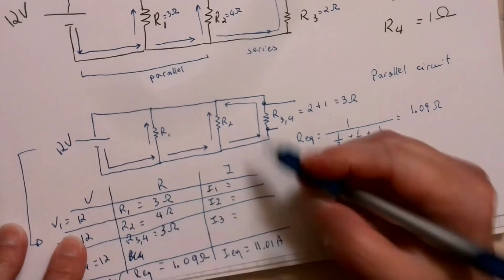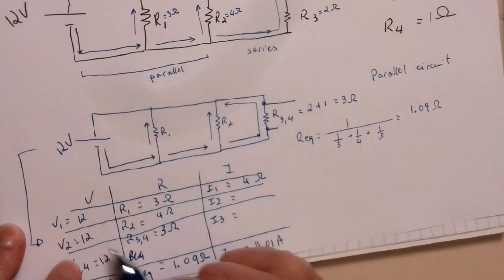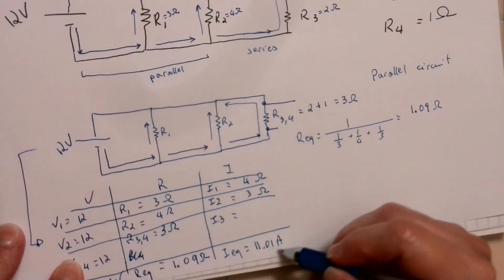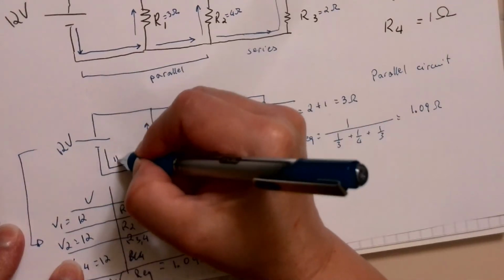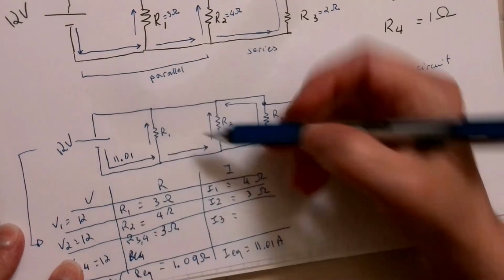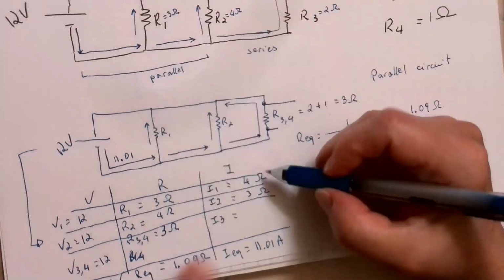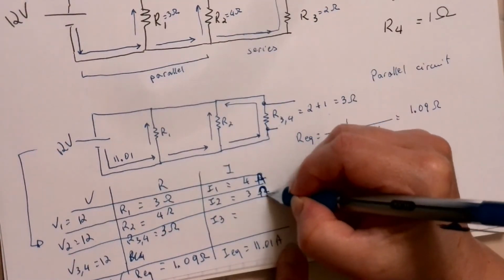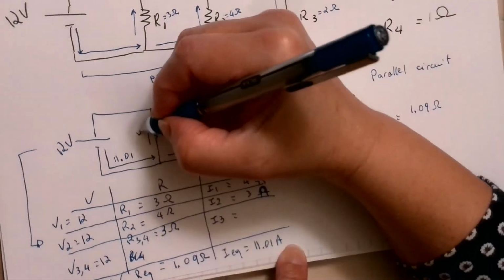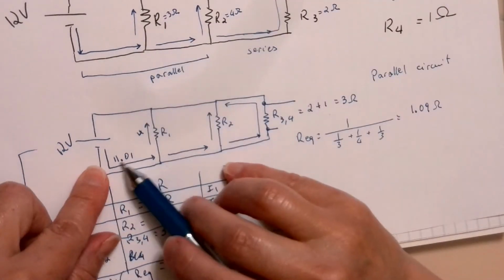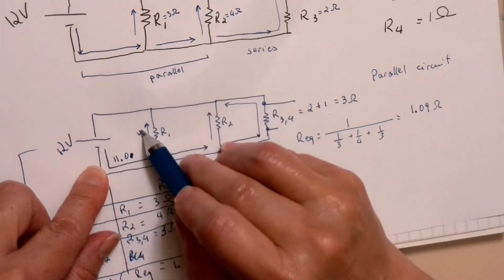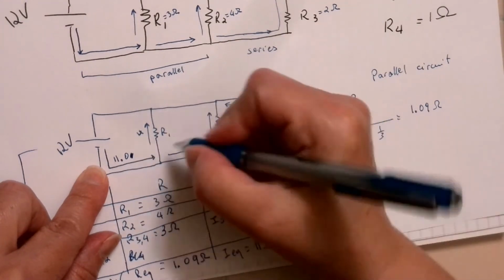So 12 divided by 3 is 4 amps. 12 divided by 4 is 3 amps. Okay, so 11.01 is coming out from the battery. Across R1 is the current, amps, right? So this is 4. Then from 11 I lost 4, so this is 7.